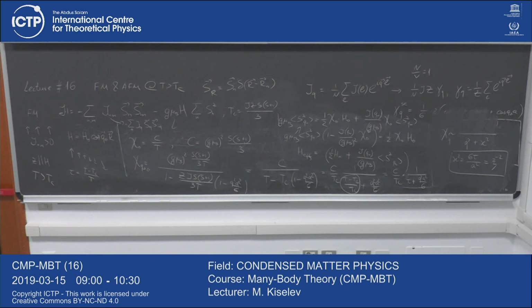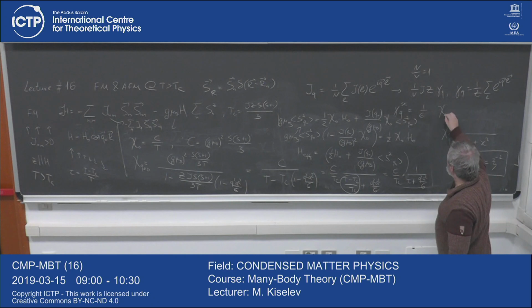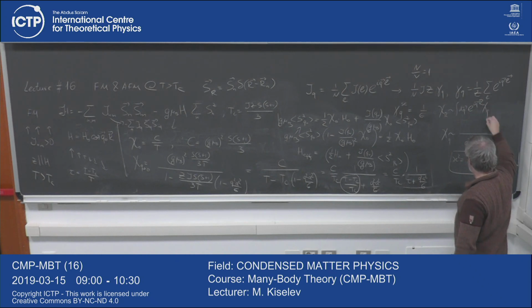So what it means, again, we are at temperatures which are higher compared to the transition temperature. We take a Fourier transform of the correlation function. So chi(r) will be the integral over dq e^{iqr} chi(q).